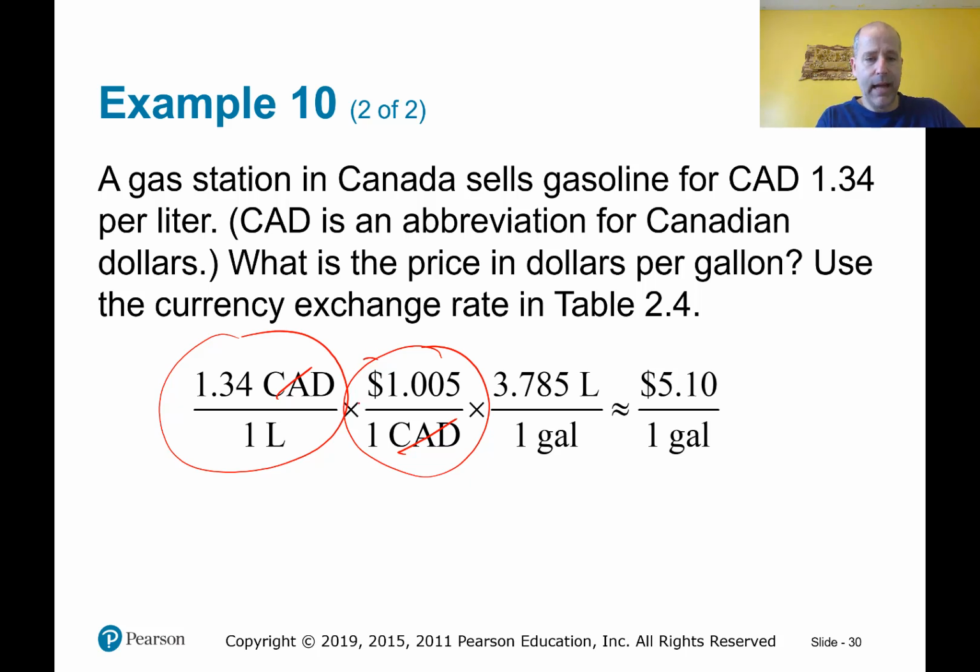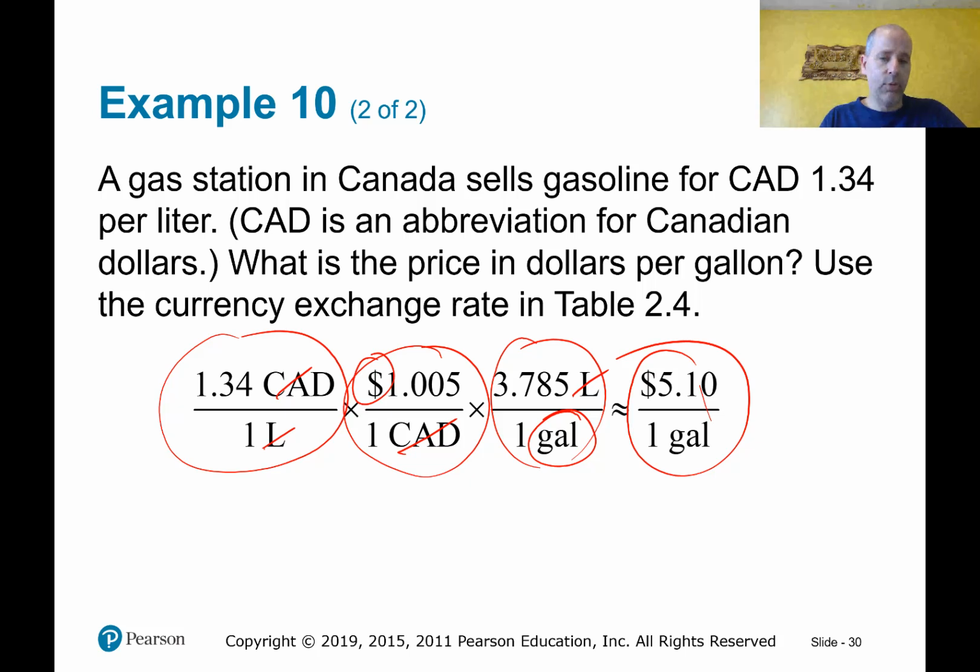Now we want to convert the liters to gallons, so we use this conversion factor, and liters cancel with liters, and we end up with gallons on the bottom. Multiplying across the top and across the bottom, we get approximately $5.10 per gallon, the equivalent cost.